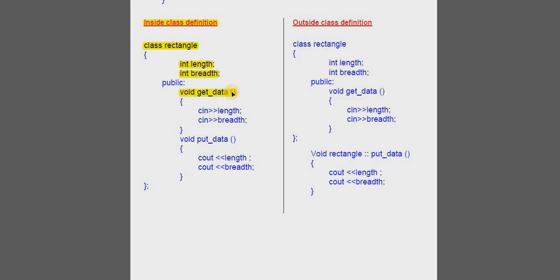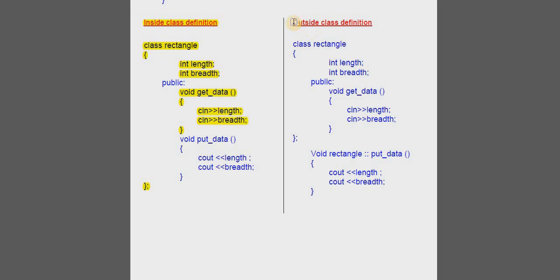Because we have used parenthesis. सो ये मेंबर फंक्शन है. सो दिस मेंबर फंक्शन इज डिफाइंड इनसाइड क्लास बॉडी. सो ये क्लास का बॉडी यहाँ स्टार्ट होता है और यहाँ पर एंड होता है. सो बिटवीन क्लोजिंग ब्रैकेट एंड ओपनिंग ब्रैकेट एंड क्लोजिंग ब्रैकेट, हियर दिस इज द बॉडी ऑफ क्लास. सो इनसाइड क्लास बॉडी हमने फंक्शन का बॉडी डिफाइन किया है. सो फंक्शन नेम इज गेट डाटा और ये फंक्शन का बॉडी है. So this is defined inside the class.